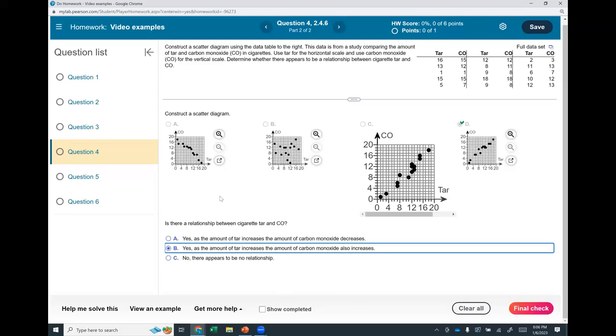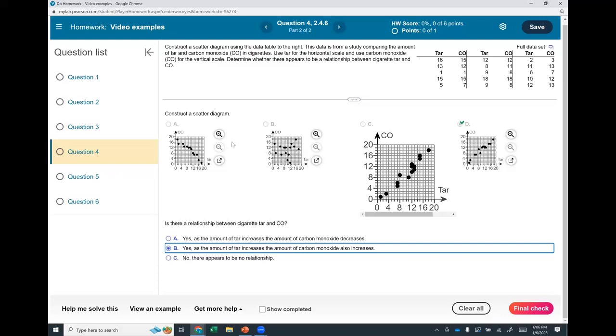So A would be, this answer, yes, the amount of tar increases, the amount of carbon monoxide decreases, that would go with graph A. And no, there appears to be no relation. We could say that if we had picked graph B. Graph B does not look like it has any correlation.